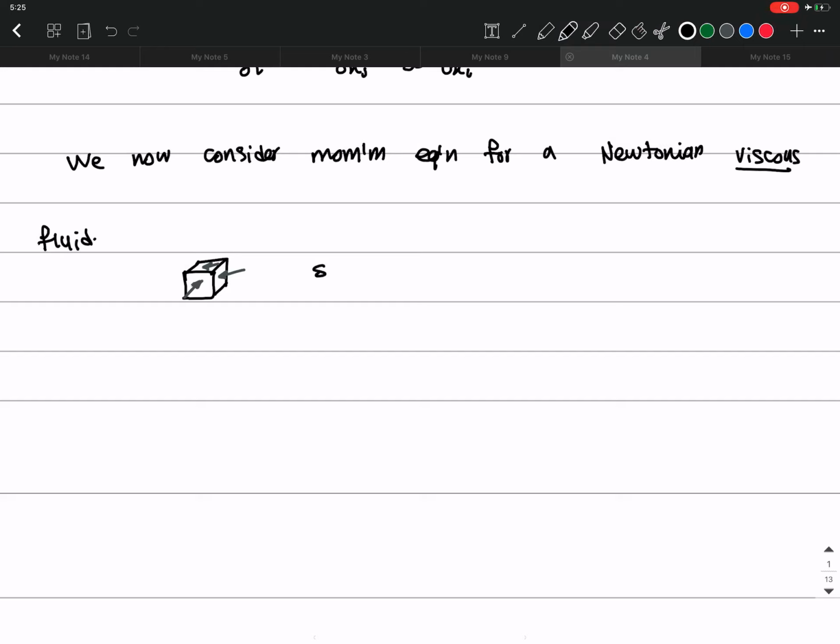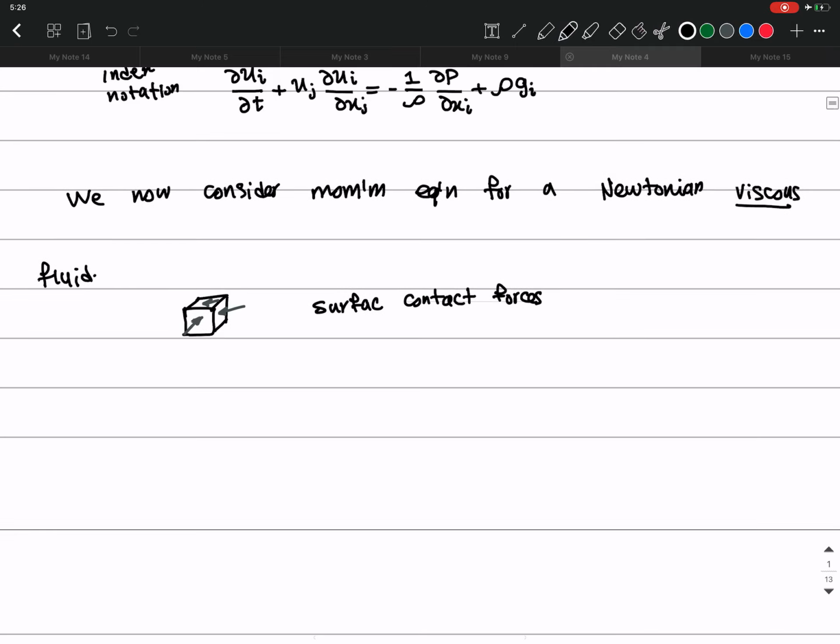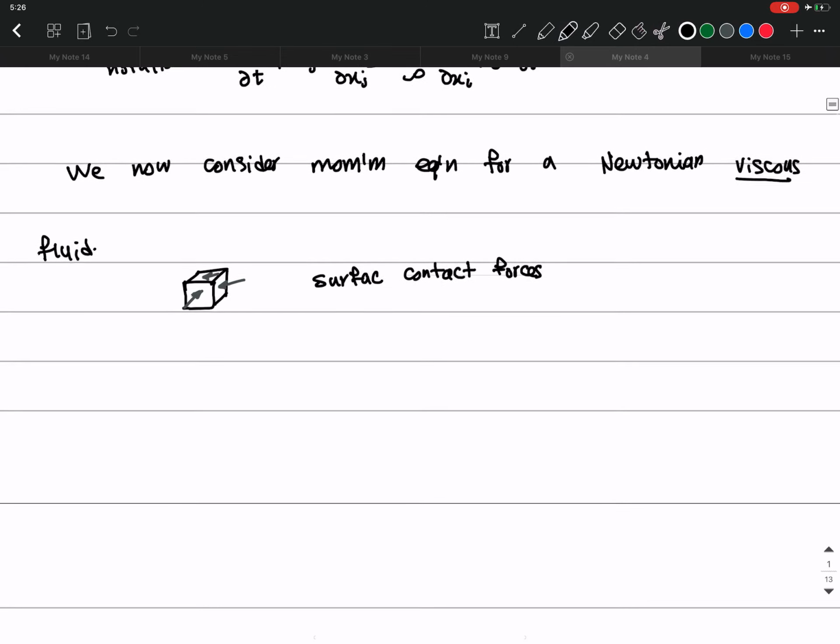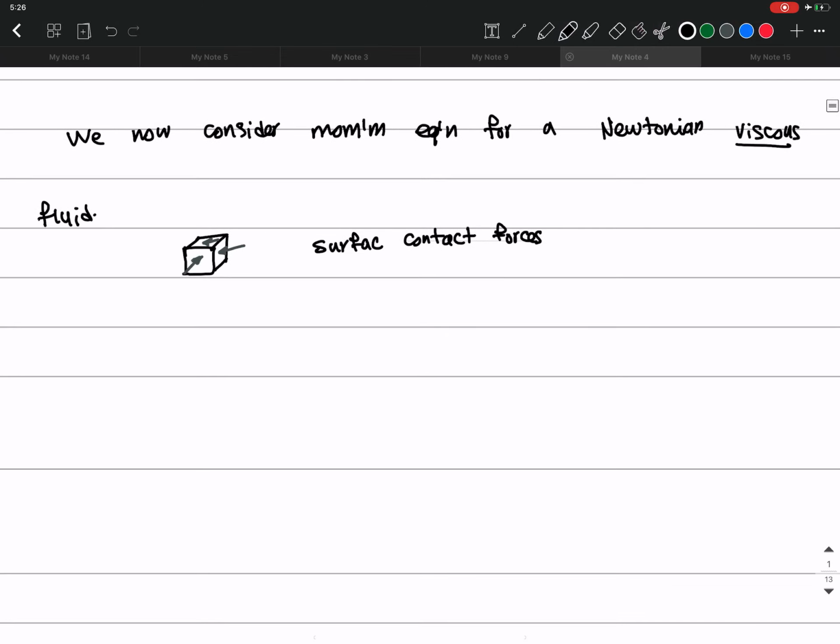So we can write it as surface contact forces. When we want to write that on the right hand side of our equation for the sum of the forces for the momentum equation, we can have surface contact forces plus the body forces which are applied to the volume.